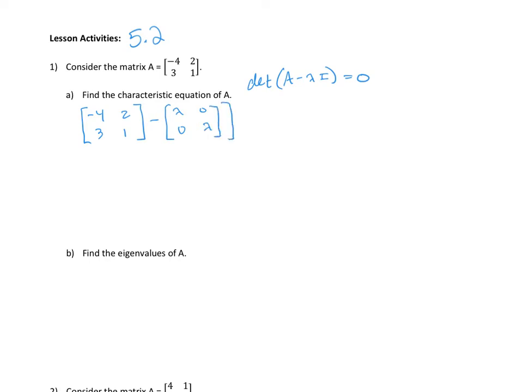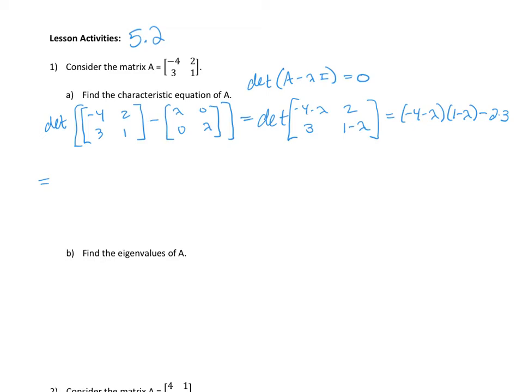I'm going to take the determinant of all this, and that's going to be the determinant of -4 minus lambda, 2, 3, 1 minus lambda. The determinant of a 2 by 2 is just AD minus BC. So I've got -4 minus lambda times 1 minus lambda minus 2 times 3.